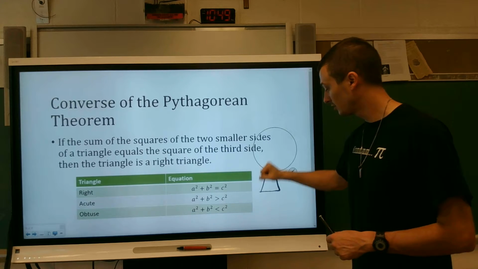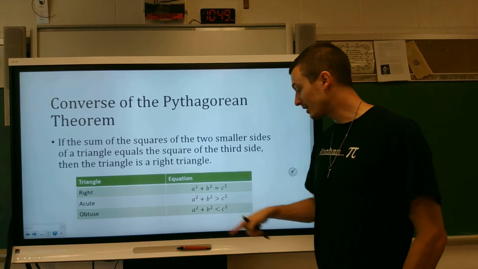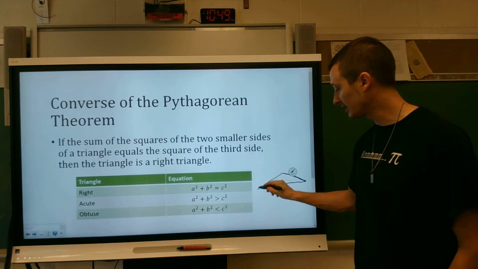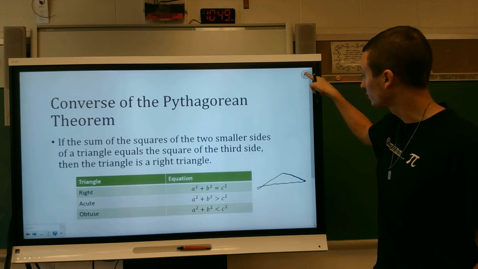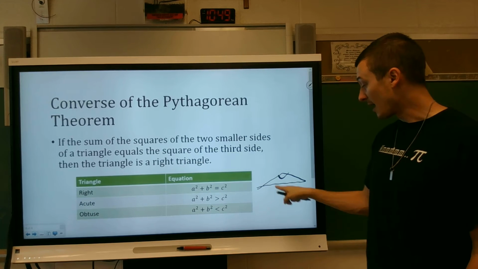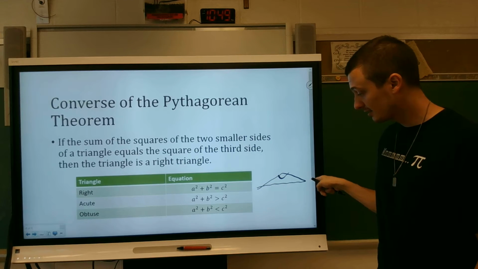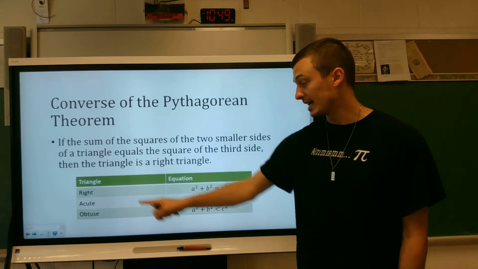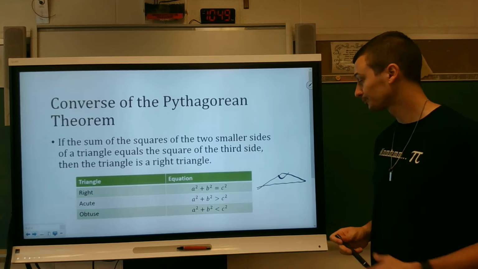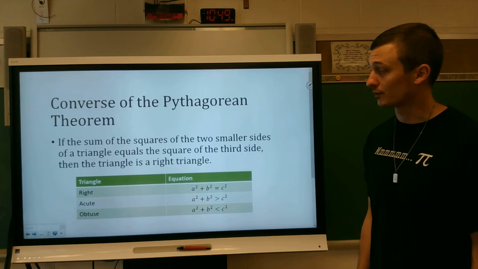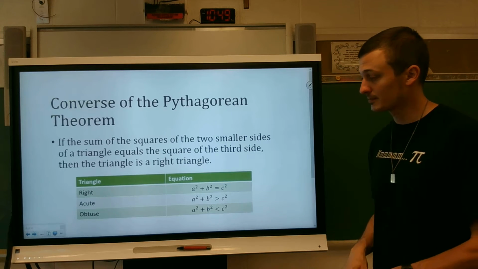If the two legs are smaller than the hypotenuse, it would look something like this, where that's an obtuse angle. If the hypotenuse is bigger than the legs, then it's an obtuse triangle. If the hypotenuse is smaller than the legs, then it's an acute triangle. Yeah, and that's the converse of the Pythagorean theorem.